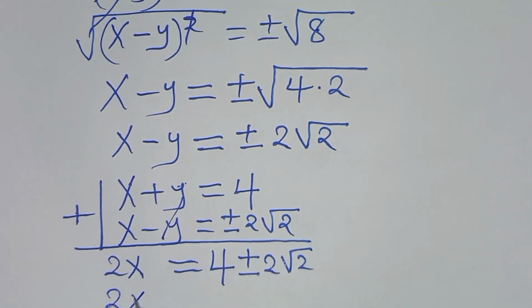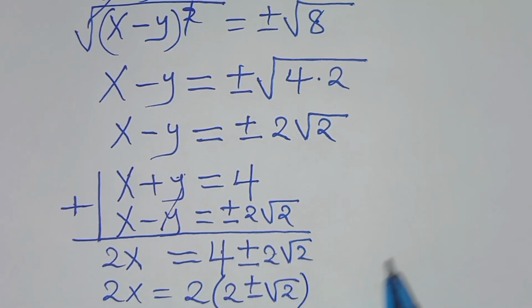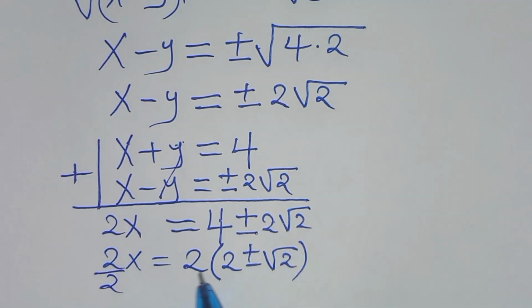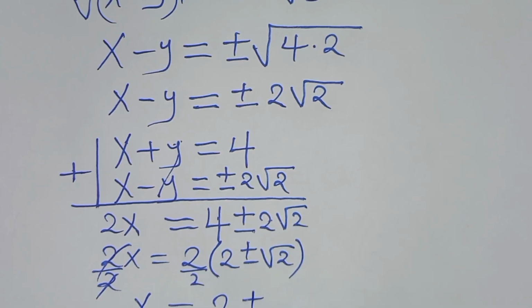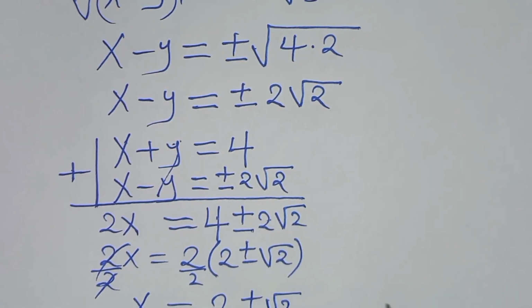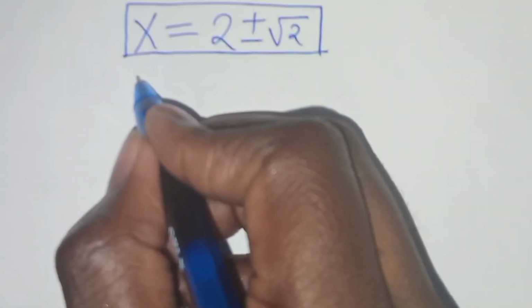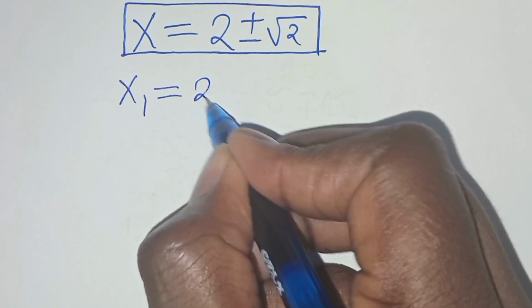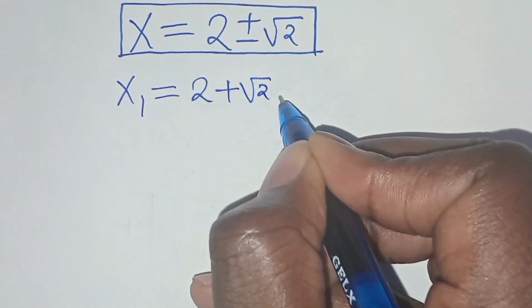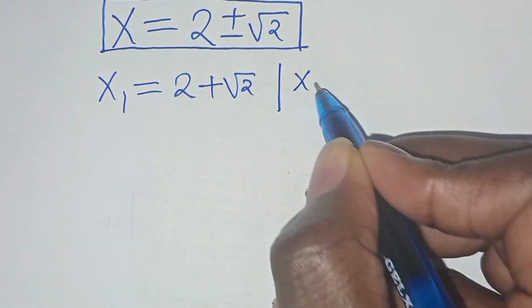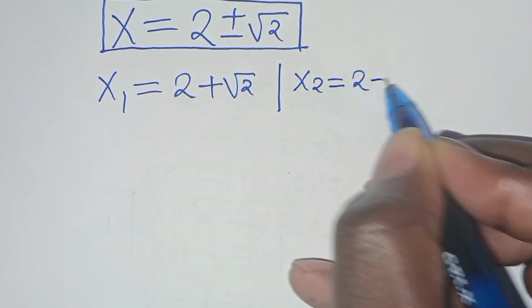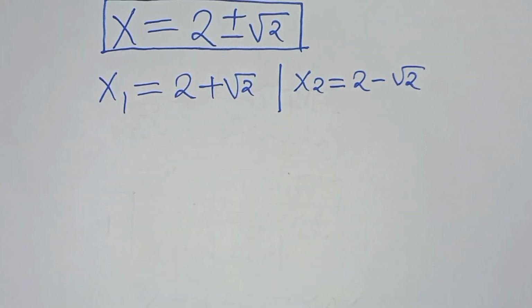But 2 is common here, we can factor out 2, so we have 2 times (2 plus or minus square root of 2). Let's divide both sides by 2, so that x is equal to 2 plus or minus square root of 2. So this implies that x1 is equal to 2 plus square root of 2, and x2 is equal to 2 minus square root of 2.